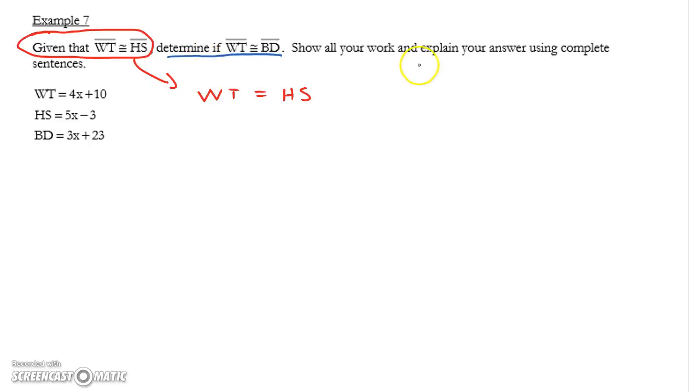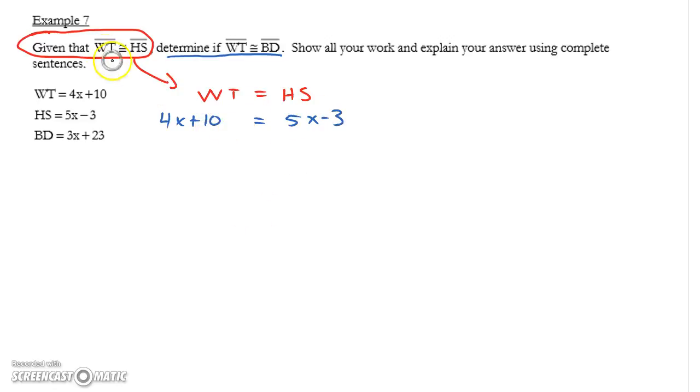In order to figure that out, we need to figure out all of these side lengths. But I know that WT is 4x plus 10, and it's equal to HS, which is 5x minus 3. So I'll erase some of those arrows to make it a little bit more clear.